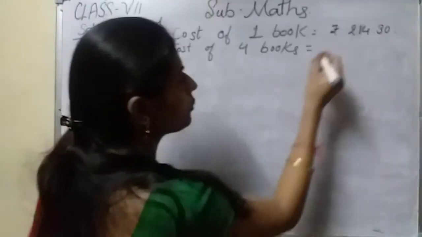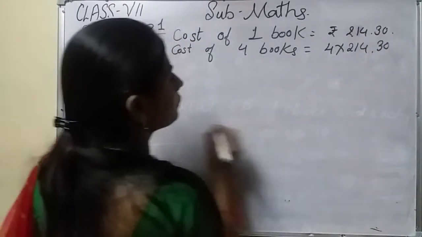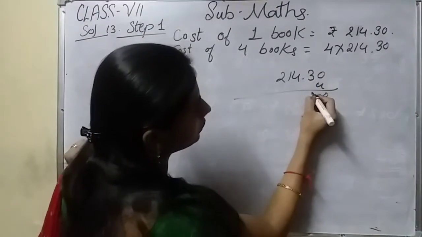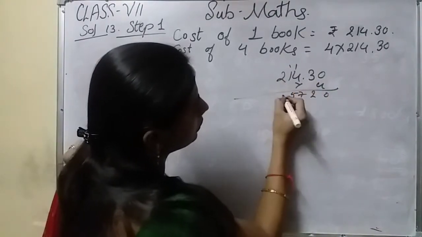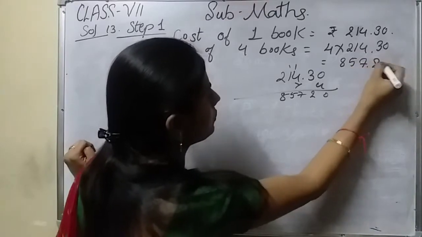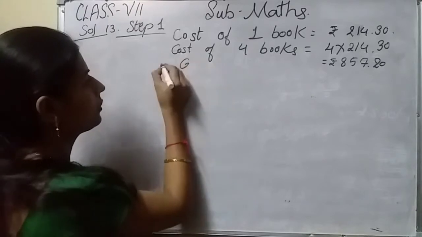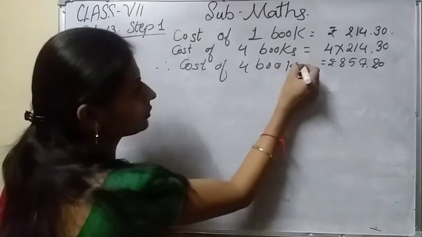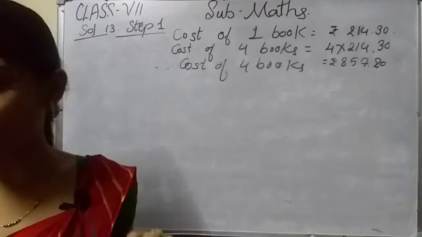What is the cost of 4 books? That is 4 into 214.30. Now multiply 214.30 by 4. 857.20 is the cost of 4 books. Therefore, cost of 4 books is equal to rupees 857.20.